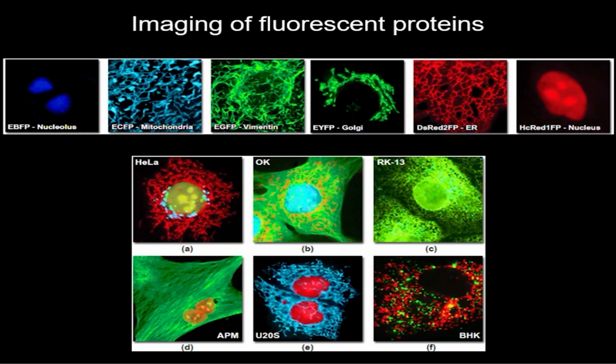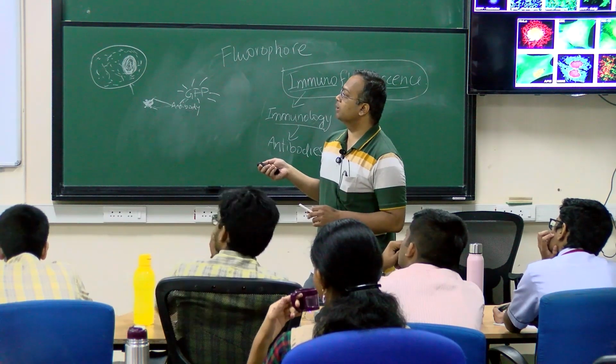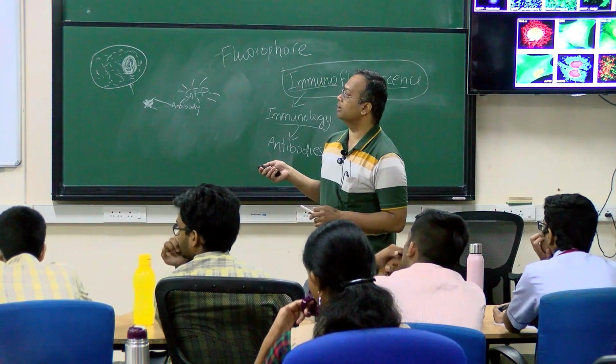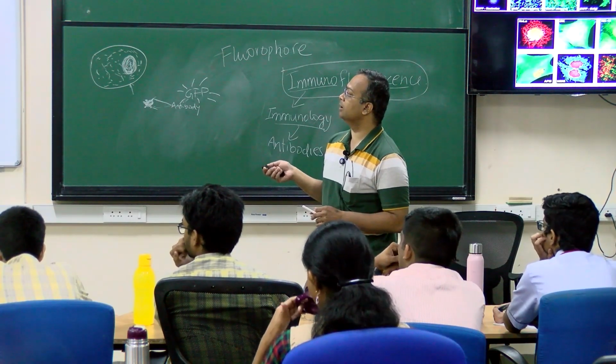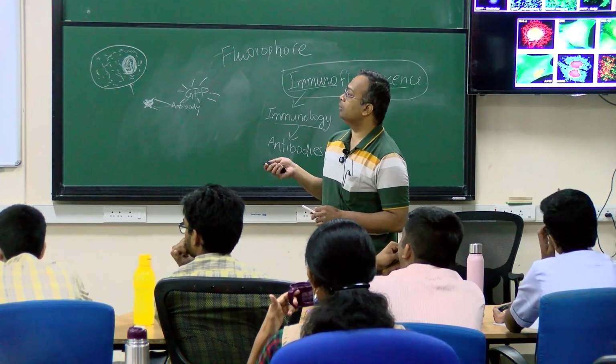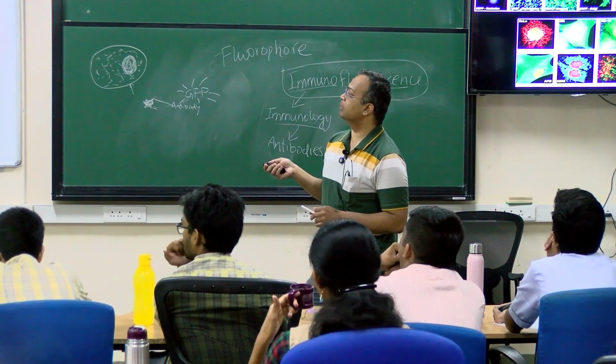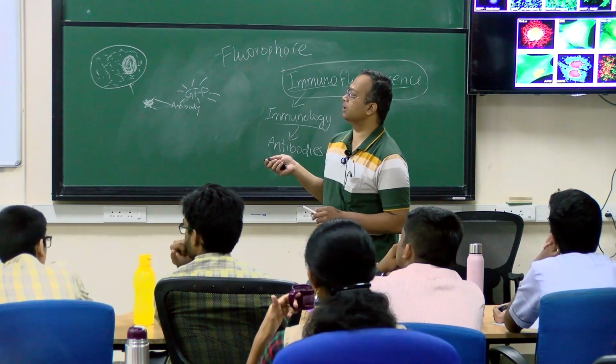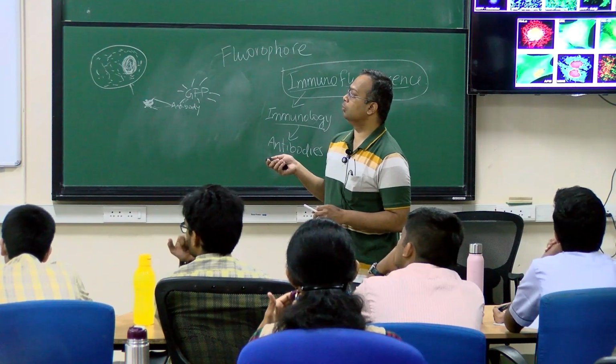Okay, so these are some examples that I am showing you. So first thing is you can see the nucleolus. Nucleolus is a part of the nucleus. So it is stained with a blue fluorescent protein. Okay, so BFP is blue fluorescent protein, and then the mitochondria is labeled with cyan fluorescent protein. Okay, it's a slight variation of the blue, light blue.